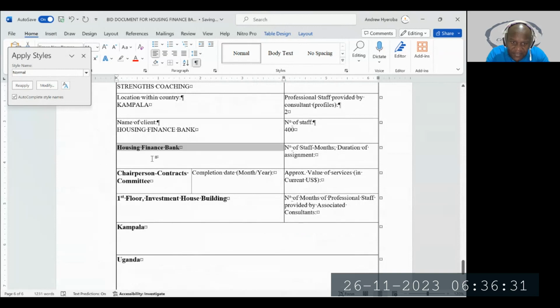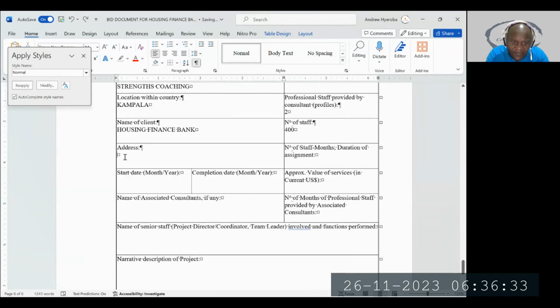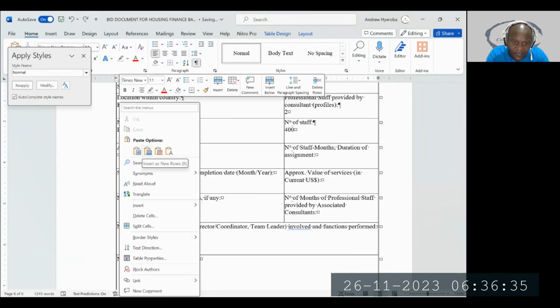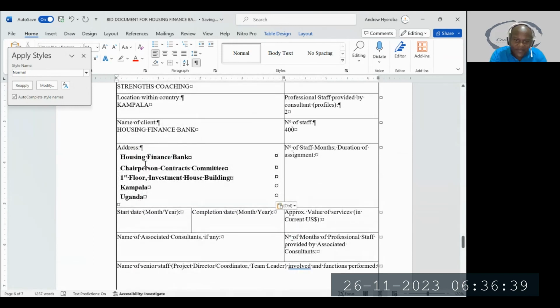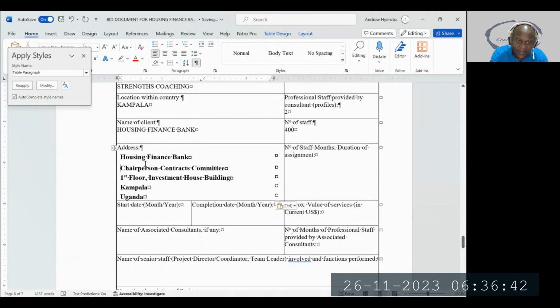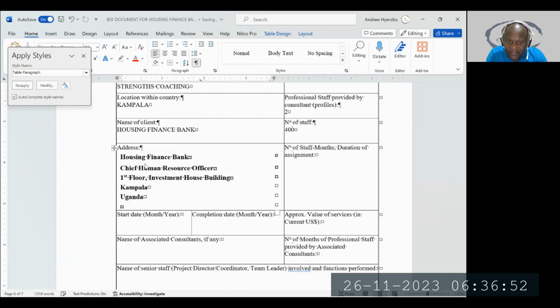It's going to be a nested table. So I've nested the table: Housing Finance Bank, chief human resource officer. Number of staff months, duration of assignment.